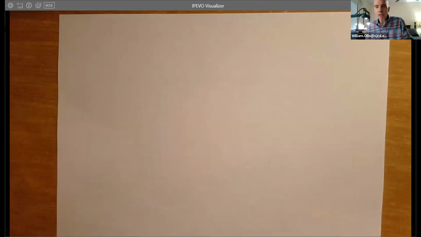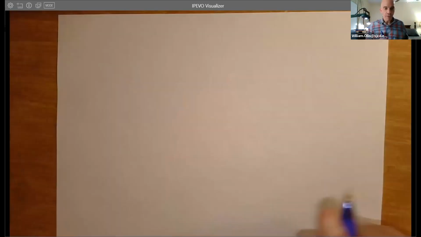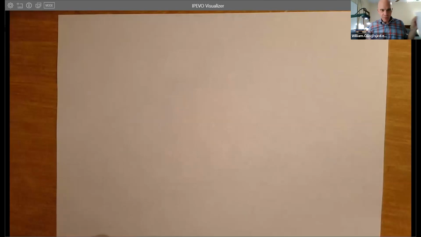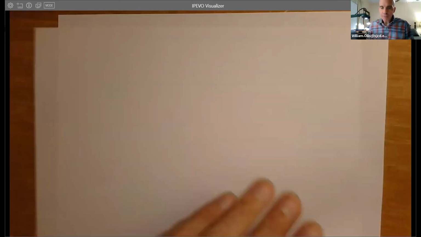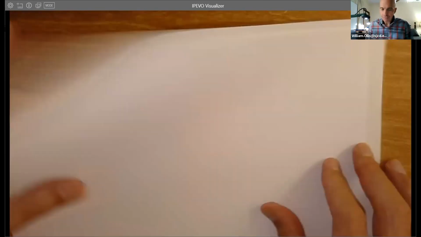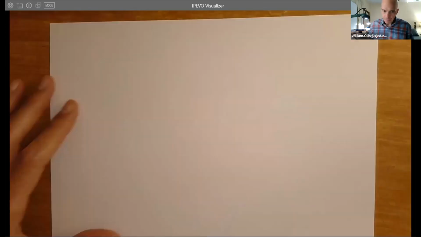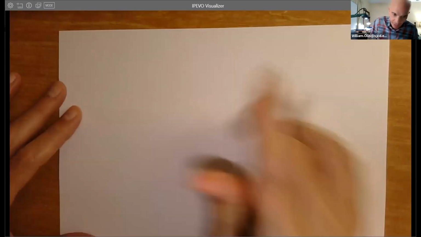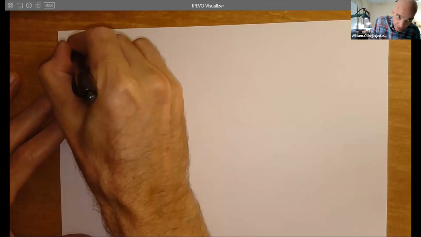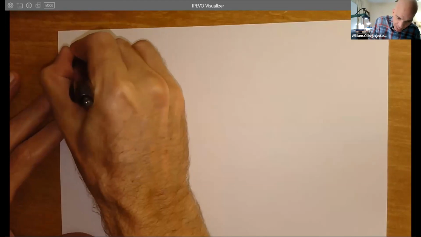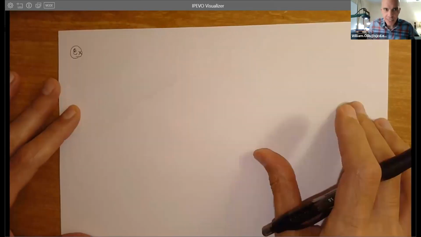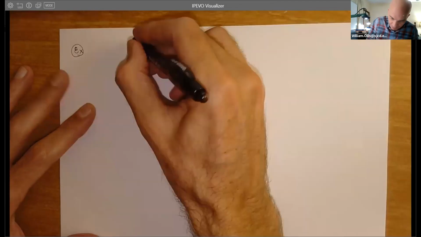Now, I want to look at an example where we just do a computation. That is, let's say that we've got something like this, just a nice little diagram that has 30, 60, 90 triangles in it.